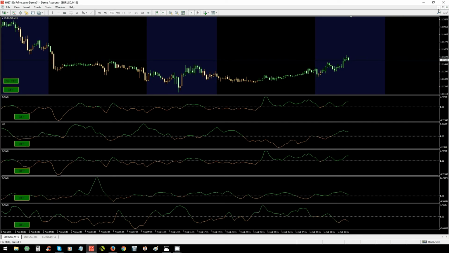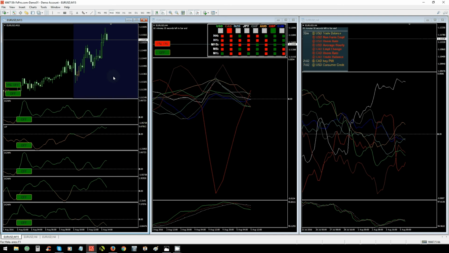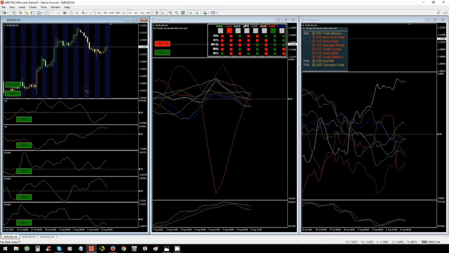So what I wanted to add to that previous video was that the top one here is set to the current time frame, and if we put that on 4-hour, and for example put a line here where the tick volume indicator line has come through 0, it shows us the trend.